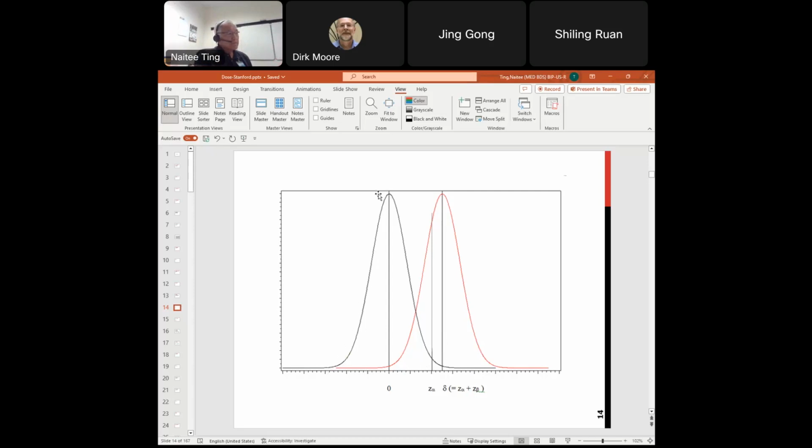Once you reach this steepness, from here to here is alpha, from here to here is beta, and you stop. And that's your sample size. So that's how we understand these two curves. So when we calculate sample size based on the assumption of alpha, beta, delta, sigma, that sample size reflects this design.